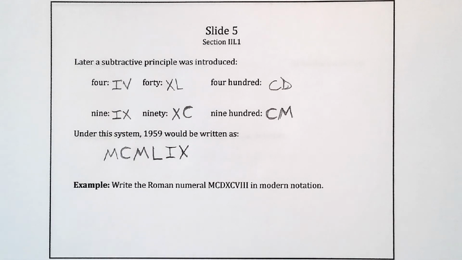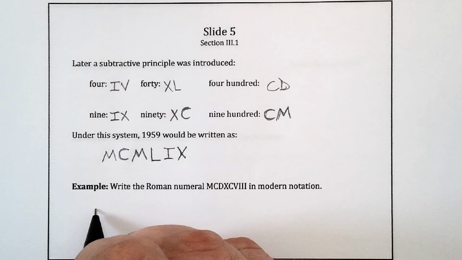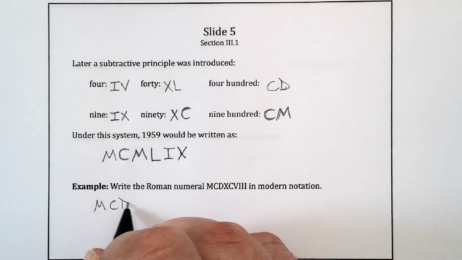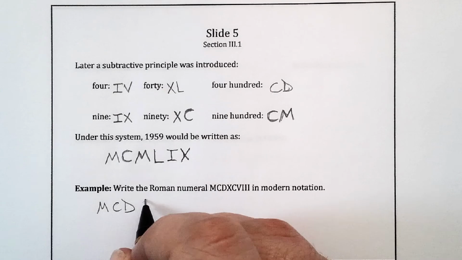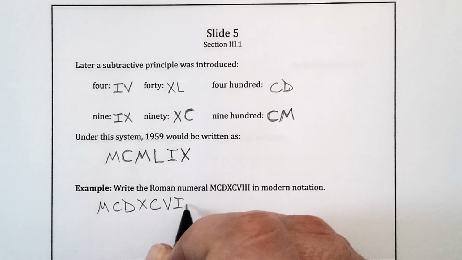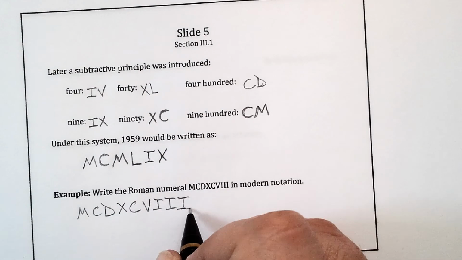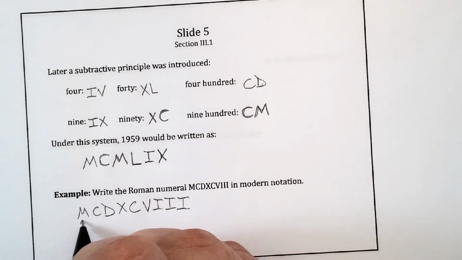M is 1000 and CD is 400. Let me break it down. So you've got M, CD, XC, VIII. M is 1000.